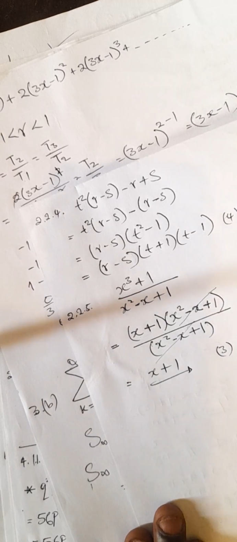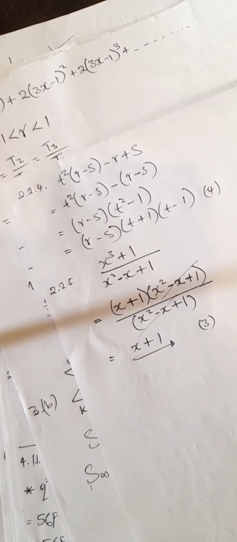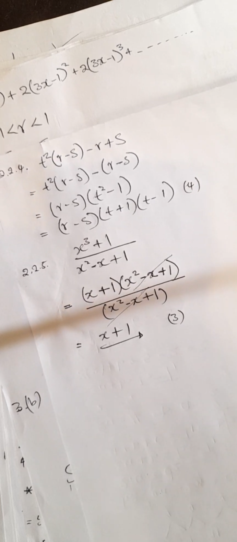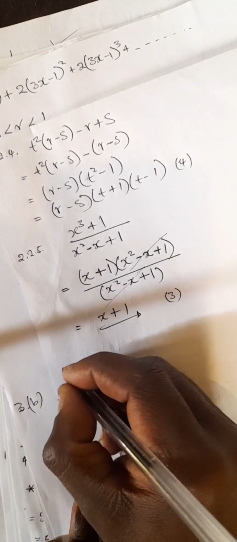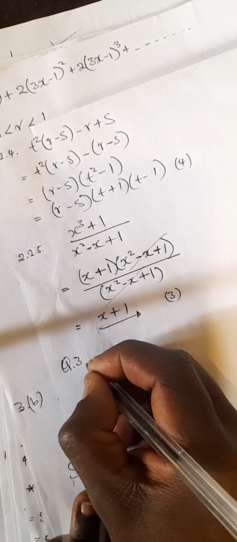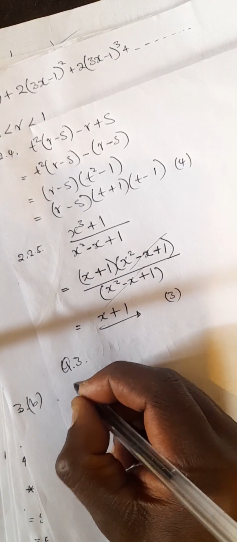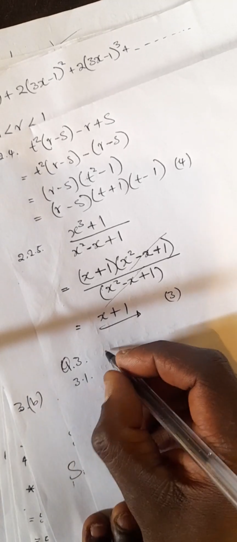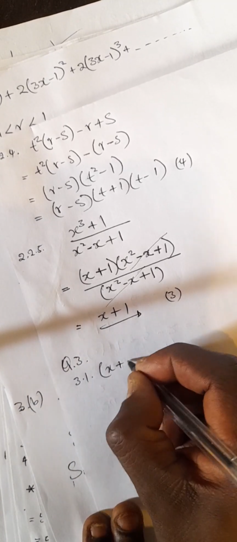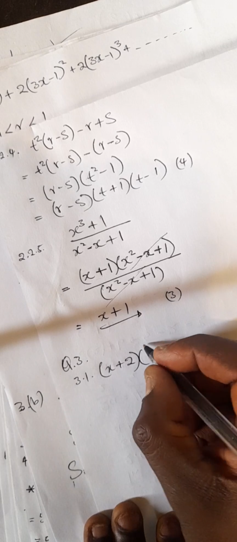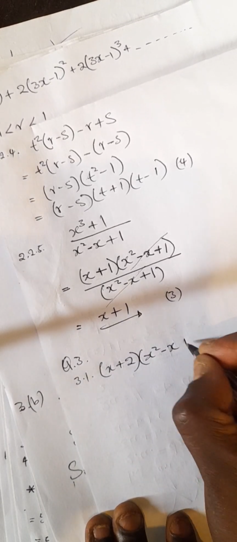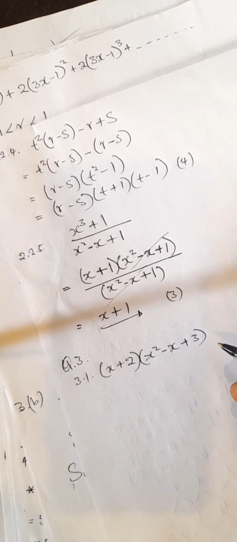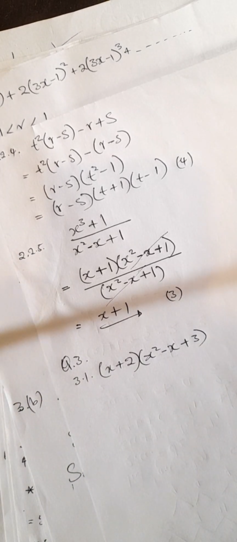Okay, moving on to question 3. Question 3 says simplify the following expressions fully, right? 3.1 says x plus 2, bracket x squared minus x plus 3. Simplify fully.